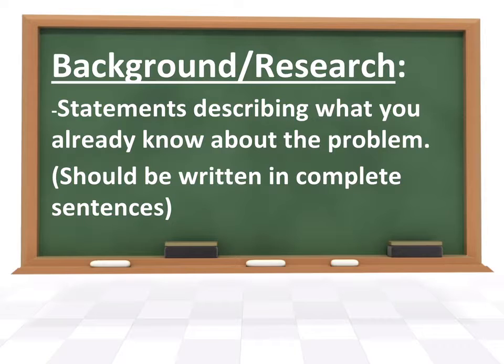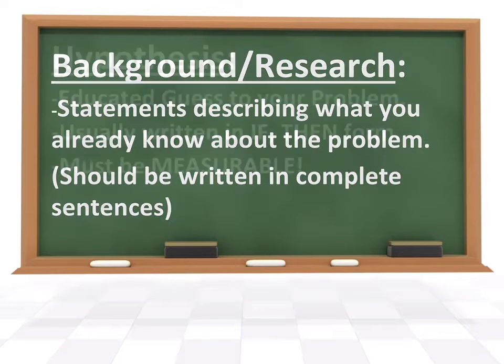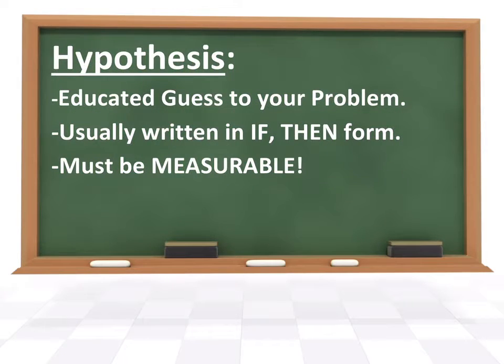So this is where you're going to do all your research part. I might give you some information for this. You might have to do a little bit of research yourself, but it should be written in complete sentences. Your hypothesis, if-then statement must be measurable. Educated guess to your problem. Any questions about that? I will be happy to help you with that.